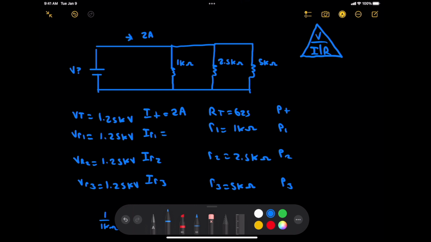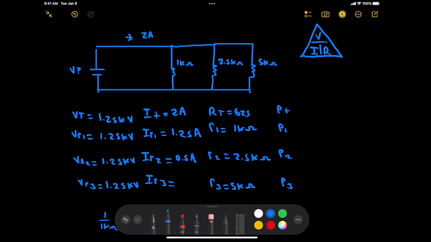All right, now finding the current, let's just cover current up. We're going to divide voltage by resistance. So we know what that is, 1.25k volts, and dividing that by 1,000 resistance equals 1.25 amps. 1,250 volts divided by 2.5k resistance equals 0.5 amps.